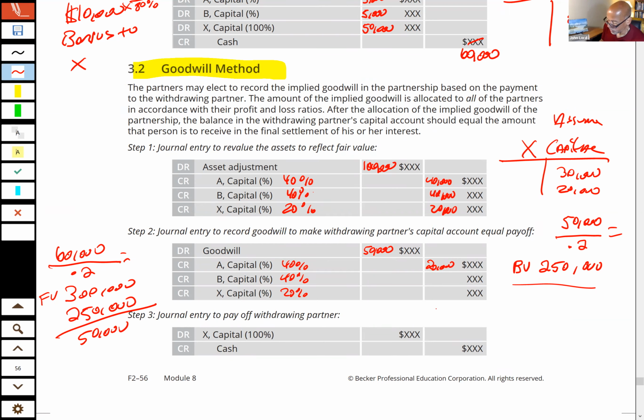We're going to credit partner B for 20,000, and we're going to credit partner X for what? 10,000. When we do that, now his capital account has a total of what? 60,000 sitting in there. And so we go ahead and we cash him out. We credit the cash 60,000. We debit his capital account 60,000 and he's paid out.